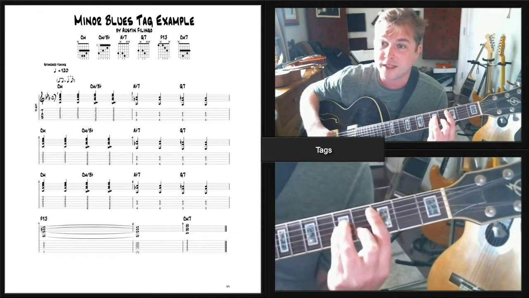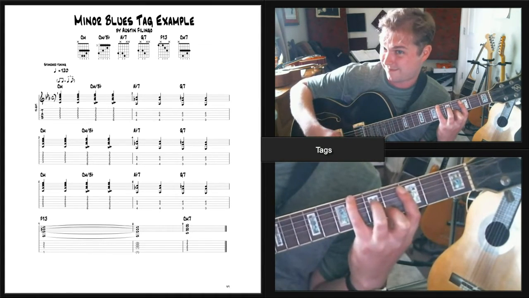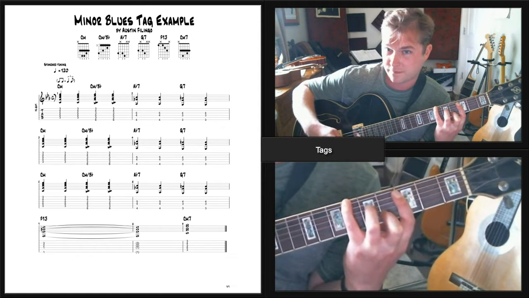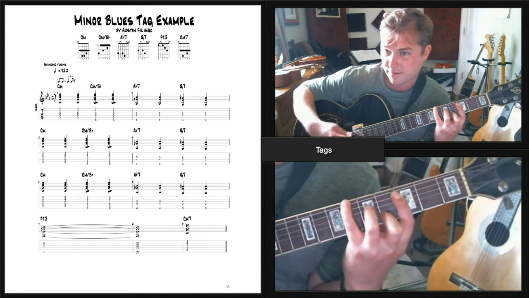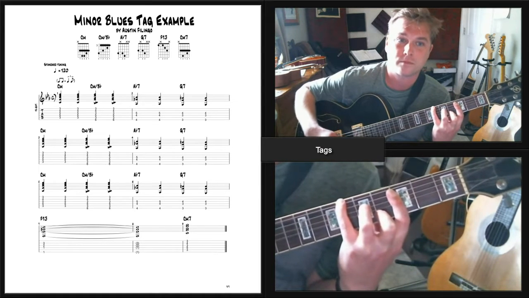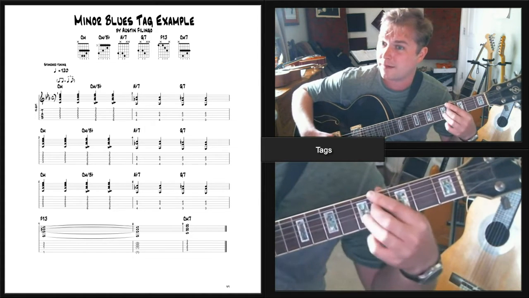And then what I do is I just take my pinky off and put it on the B flat there, right? So we have a C minor 7th with the B flat in the bass, right? And now we go to A flat, right?